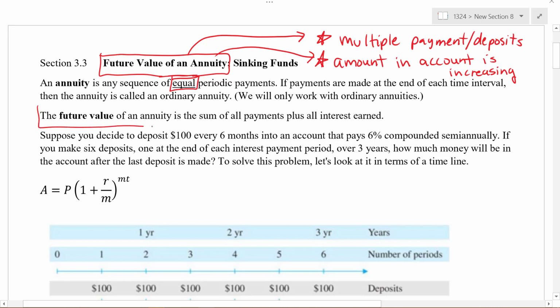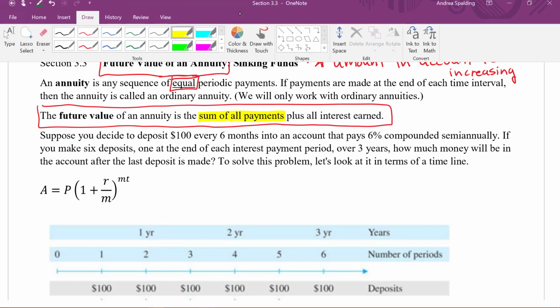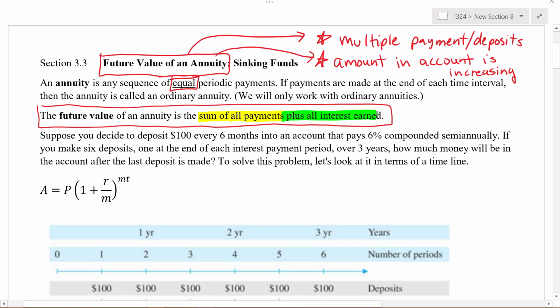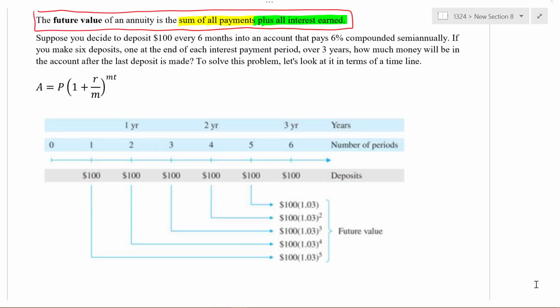The future value of an annuity is the sum of all of the payments that you made. So all of the deposits that you made, we're going to add those up together, plus we're going to add in all of the interest that gets earned. So in the end of the account, you will have all of your payments plus all of the interest that you earned on the payments that you made.